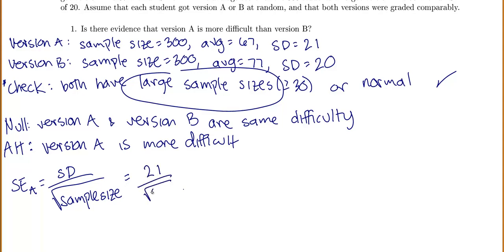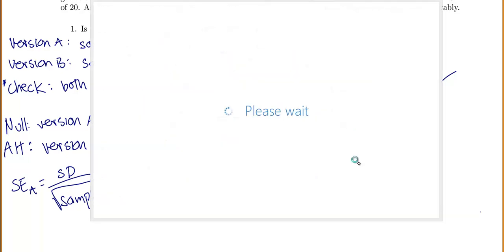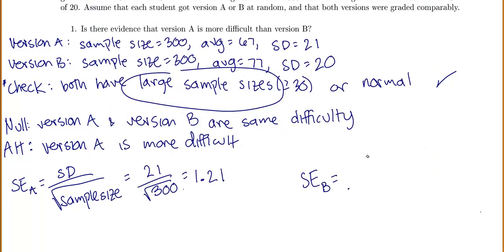So 21 over the square root of 300 is 1.21. We also need to find the standard error for version B. That SD is 20, and that sample size is 300. So these standard errors are actually very similar. So 1.15.